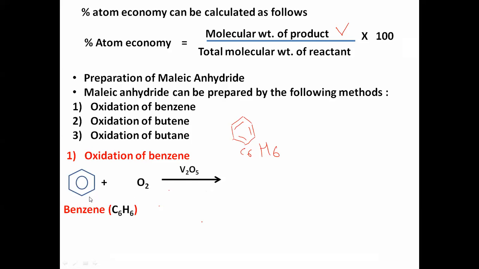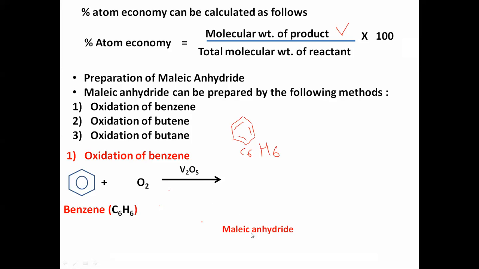We wrote benzene, and since it is oxidation, I write oxygen. Then this is the catalyst, V2O5. This is not a reactant or reagent. This is just a catalyst; its role is to accelerate the forward reaction. That's all. Then we have maleic anhydride, which is the product.